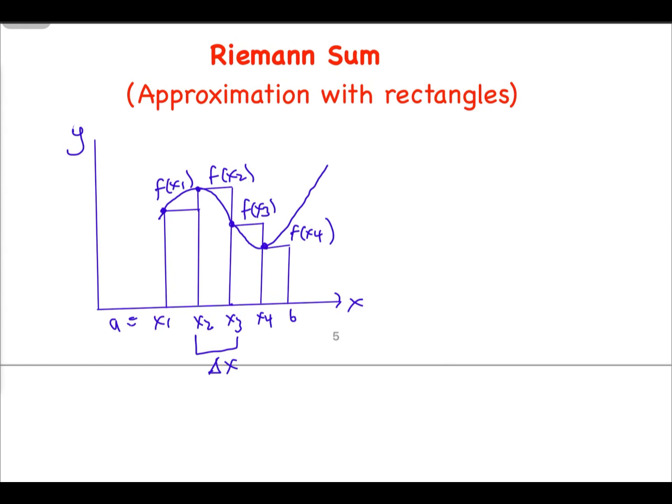For instance, for functions representing other rates, such as the production of a factory, the flow of water in a river, traffic over a bridge, or the spread of disease.